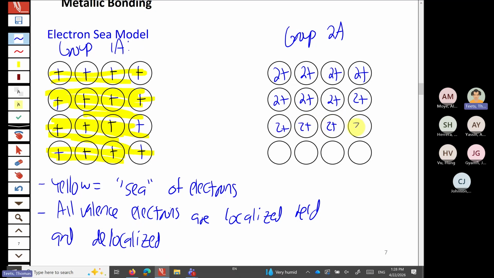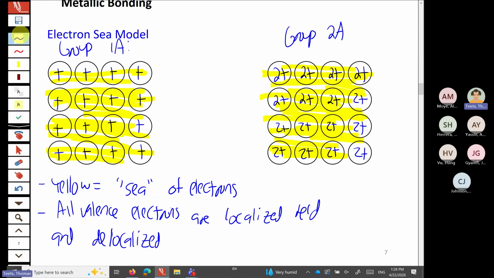Again, these structures are 3-dimensional, but I'm just drawing a flat plane of them to illustrate the concept. You have these loosely held valence electrons, now 2 per metal, floating around the structure in the same way. So that's what we mean by the electron sea model. You don't have clear localization of the valence electrons in metals. They're able to delocalize over the entire structure and float around quite freely because of the nature of those valence electrons.